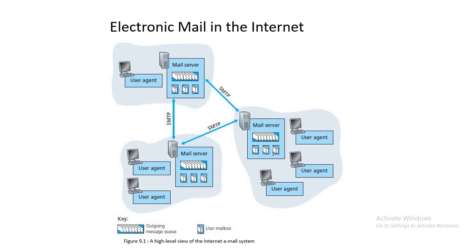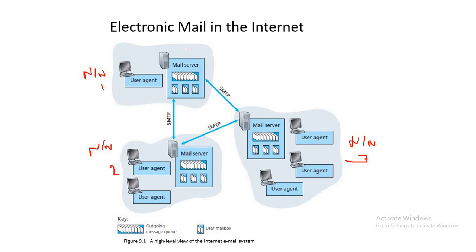Get it? So let's see what electronic mail is. As you know, whatever people are using email from a particular network, there are different kinds of networks. This is network 1, whereas this is network 2, whereas here there is network 3.